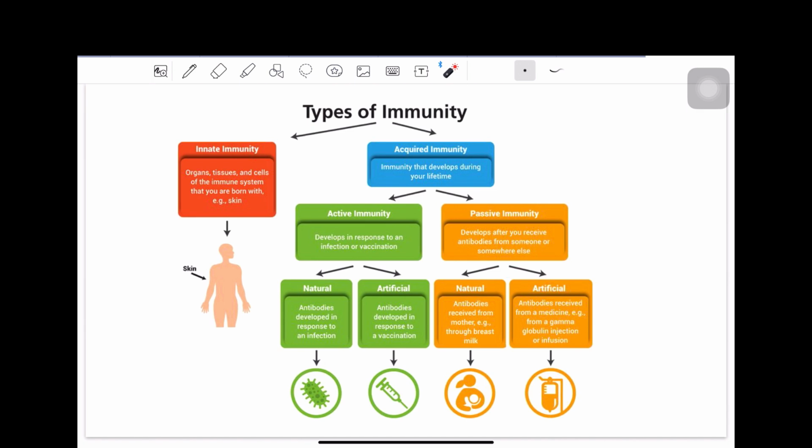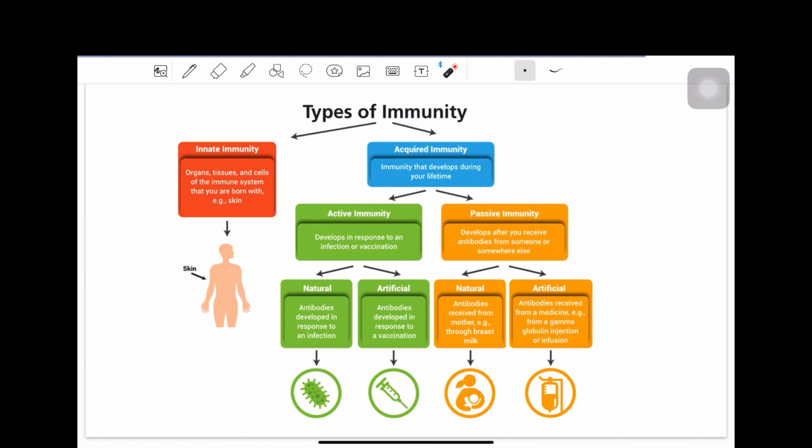That immune response is the natural active immunity of the person, which is generated by the antibodies developed to tackle the infection. Antibodies which can neutralize the infection or kill the pathogen. So that is active natural immunity.